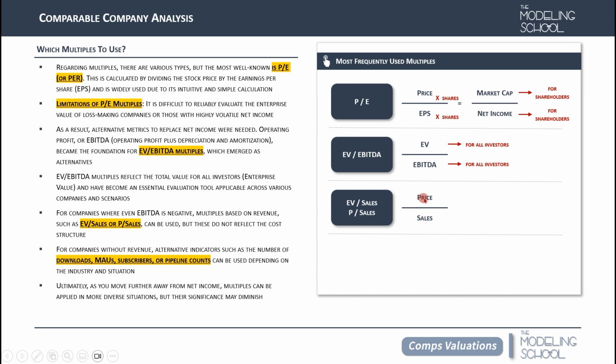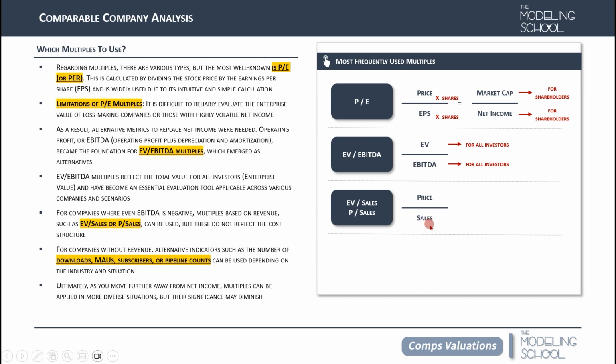Of course, there's a critical flaw in using revenue as a basis because it completely ignores the company's cost structure. So in other words, this approach evaluates a company's value solely on revenue's size.